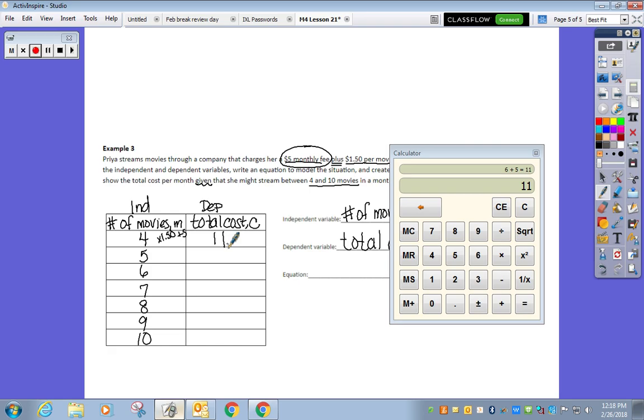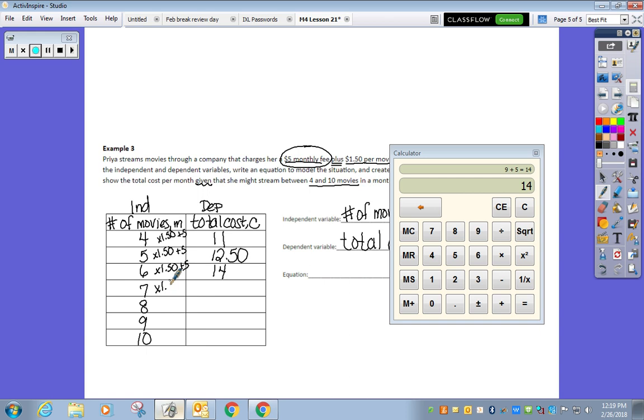If she were to stream 5 movies instead of the 4 movies, I would have to find out how much the total for the movies would be and then add on that monthly fee. So now I'm doing 5 times $1.50 plus the $5 fee to get $12.50. Okay, for 6, it would be 6 times $1.50 to find out the cost of the movies plus the $5. So 6 times $1.50 plus $5 gives me $14.